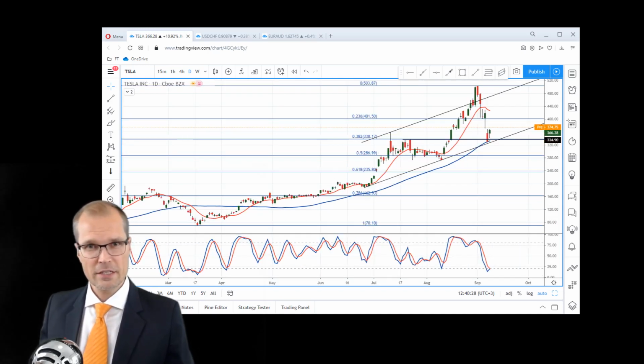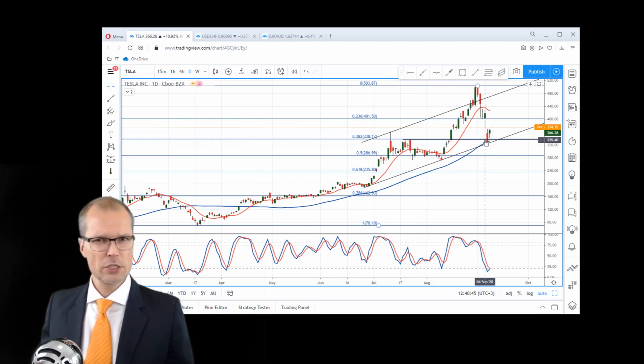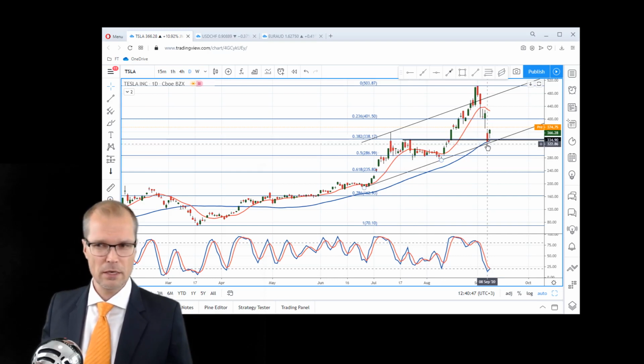And that is Tesla. I was writing about Tesla a couple of days ago. It had closed, gapped down really hard, and moved down to this support area, and every support area is just a potential area until the market turns.